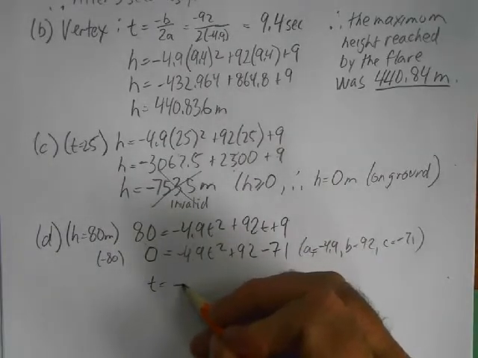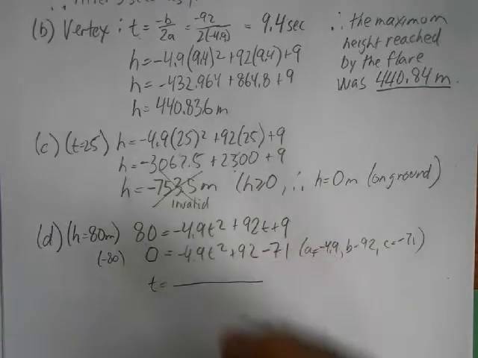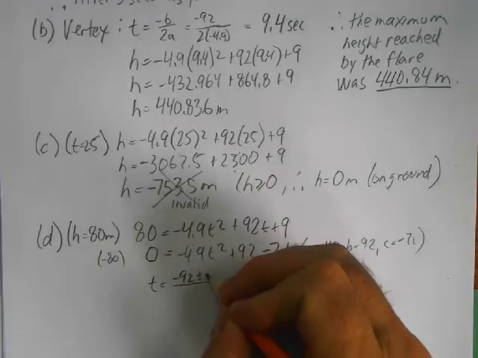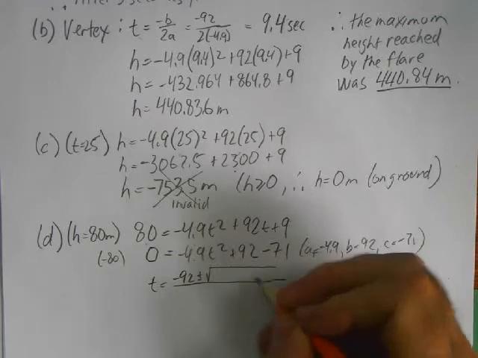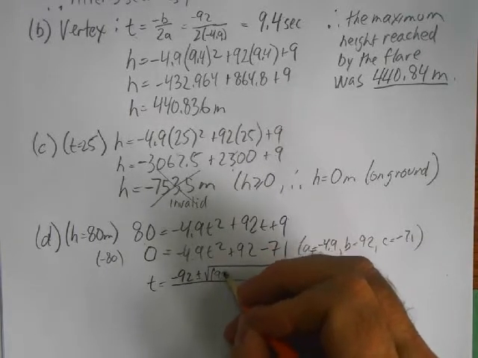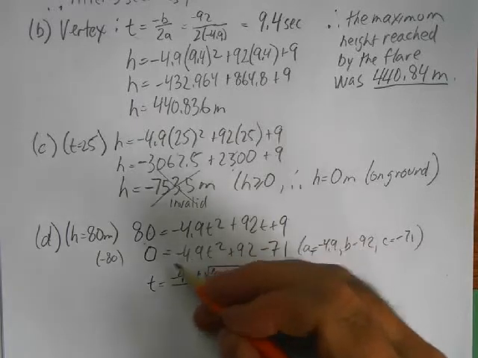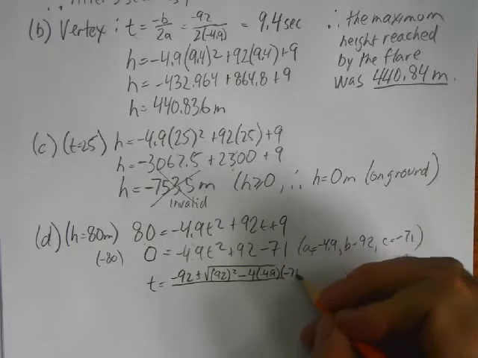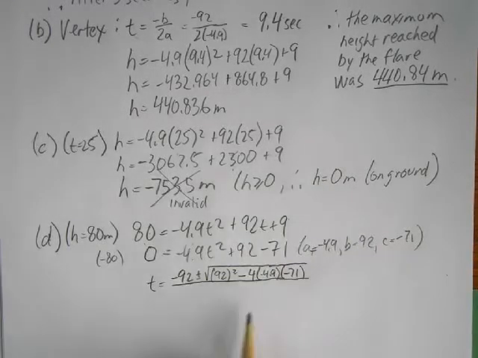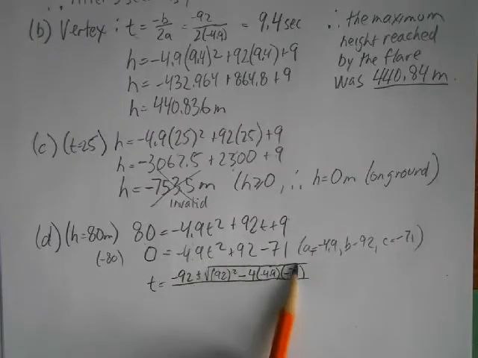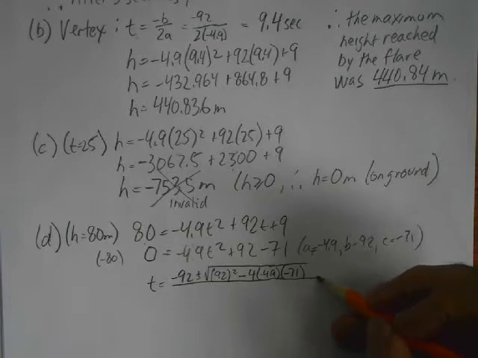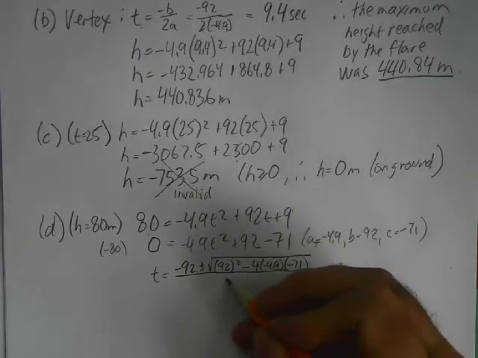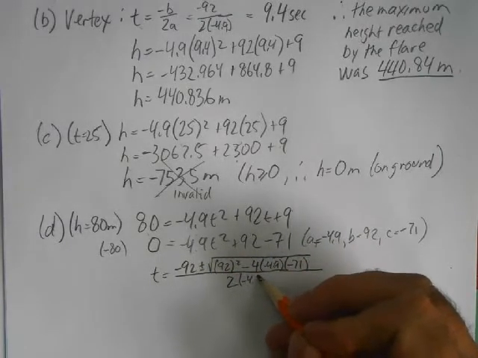So t is equal to negative b, so negative 92 plus or minus, leaving myself lots of room, the square root of b squared, which is 92 squared, minus 4 times a, which is negative 4.9, times c, which is negative 71. Make sure your square root sign goes all the way across the top, and this division bar also. Make sure you've got enough room and it looks correct. On the bottom I've got 2 times a, and a is negative 4.9.